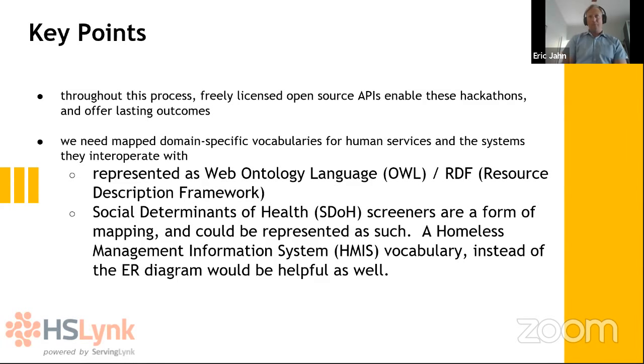Okay, so one of the key things we learned, we knew this going in, but it just became very highlighted throughout the process, is that open source APIs are critical for this to work. Not necessarily the code, but the APIs have to be, so that these solutions can be furthered in other applications after the Interopathon.